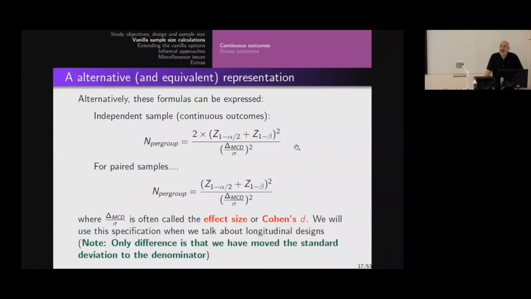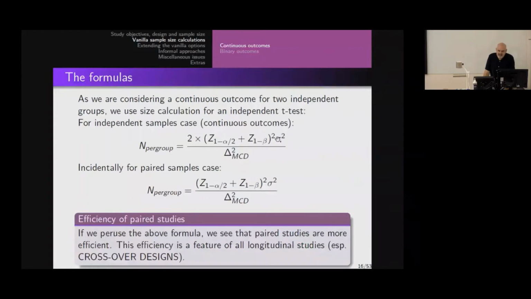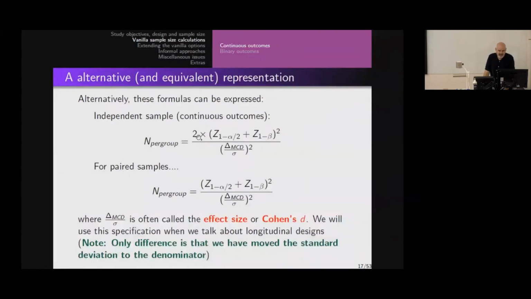An alternative representation of this, which is exactly the same formula, is I bring this standard deviation down to the bottom, and represent it like that. The reason I'm showing you this form is that this quantity here, delta MCD over standard deviation, is often called effect size or Cohen's d, or sometimes Cohen's delta.